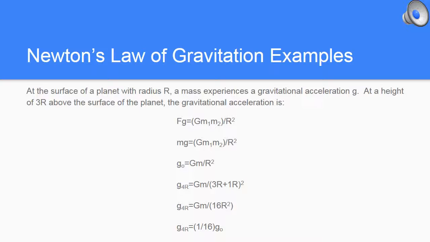So we are left with gravity equals the gravitational constant times the mass over 16r squared. And so now we are just going to simplify the equation, and we are left with the gravitational acceleration equals 1/16 times g.